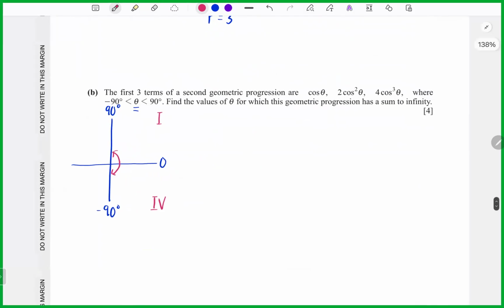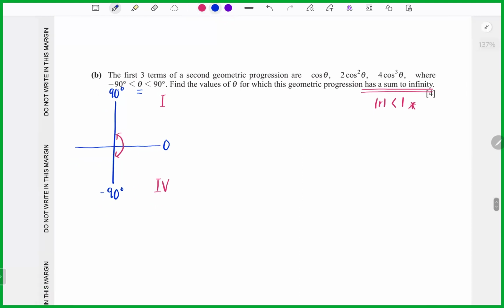Find the values of theta for which the geometric progression has a sum to infinity. Sum to infinity is the keyword. We need to know that for a sum to infinity, the modulus of r is less than 1. This is a very important condition.